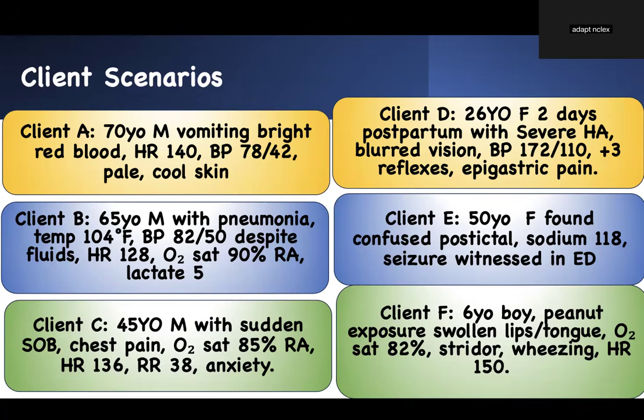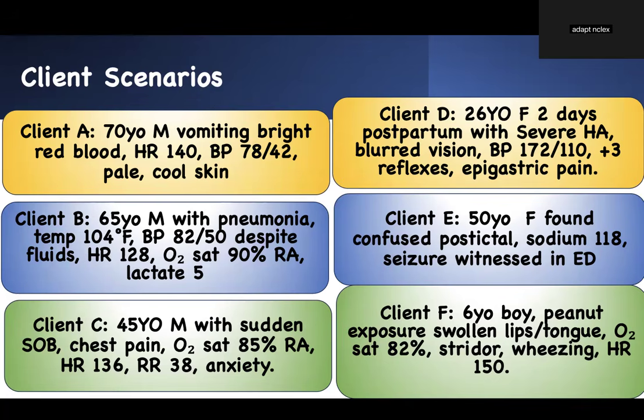They're taking the cues, putting them together and coming out with the diagnosis: sudden onset of shortness of breath, chest pain, heart rate that high, anxious, and tachypnea. This is pulmonary embolism. A 26-year-old who is postpartum and has neurological symptoms, hypertension, and epigastric pain looks like pre-eclampsia. We have trouble: postpartum pre-eclampsia.